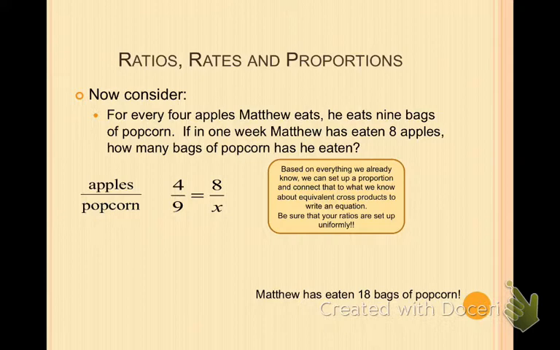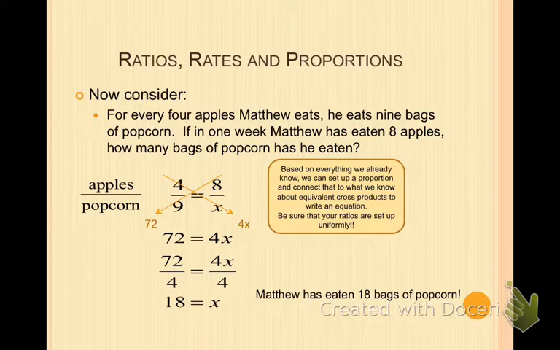Now, if we use that same idea of cross products like we did in the previous example, we can say 4 times X, which would be 4X, and 8 times 9, which is 72. 4x equals 72 would lead us to x equals 18. So we know Matthew has eaten 18 bags of popcorn.